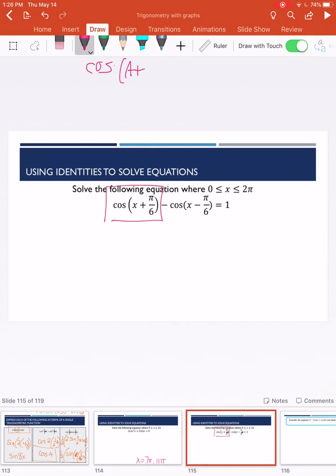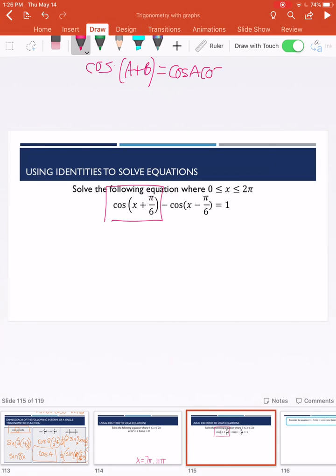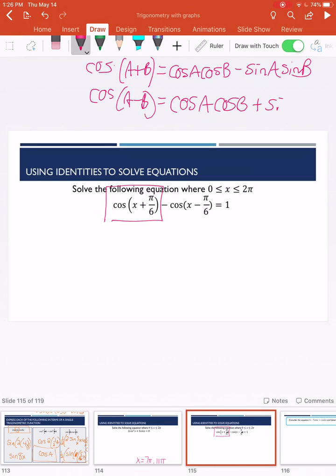Cos A plus B equals cos A times cos B minus sine A times sine B. And then cos A minus B equals cos A cos B plus sine A sine B. Those are the identities that I'm going to be referring to.